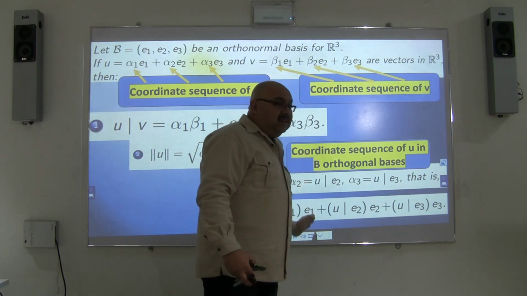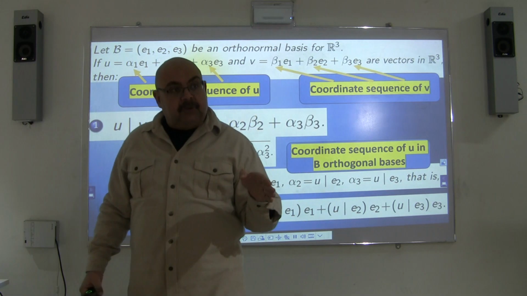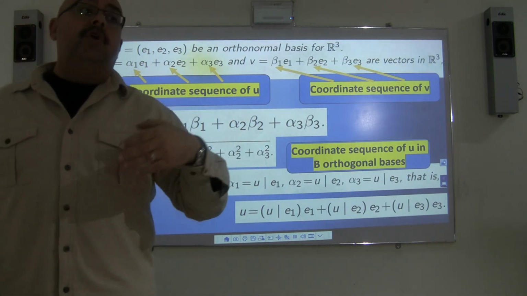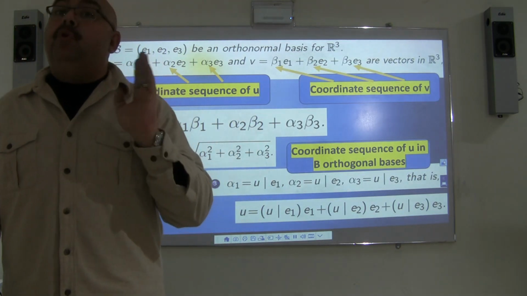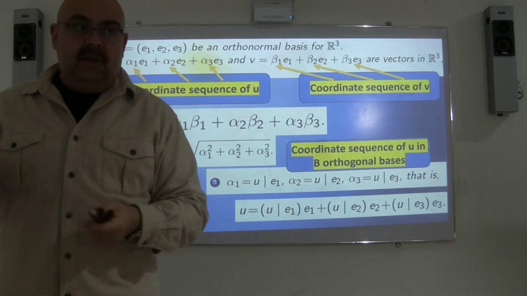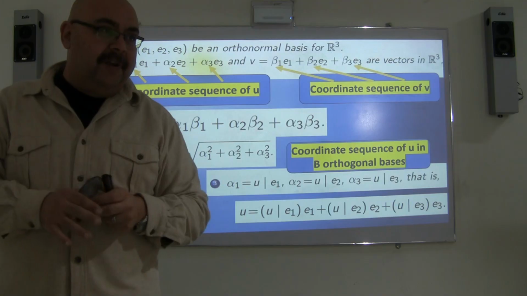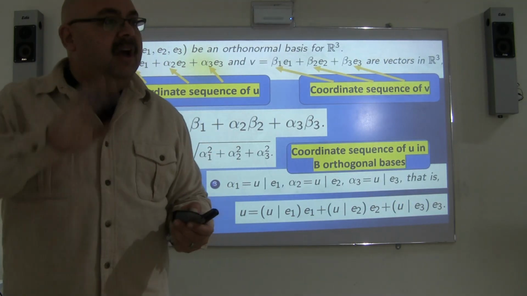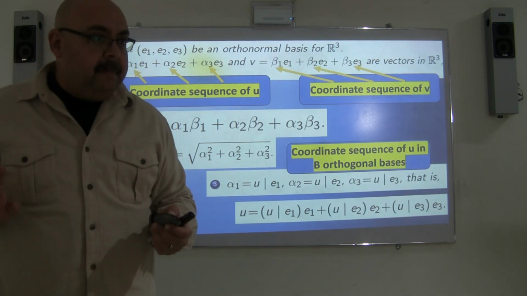He made this example for you because the orthonormal basis for R3, for example, is 1, 0, 0, 0, 1, 0, 0, 0, 1. So it's already in front of your eyes. It's very simple to deal with. Okay?